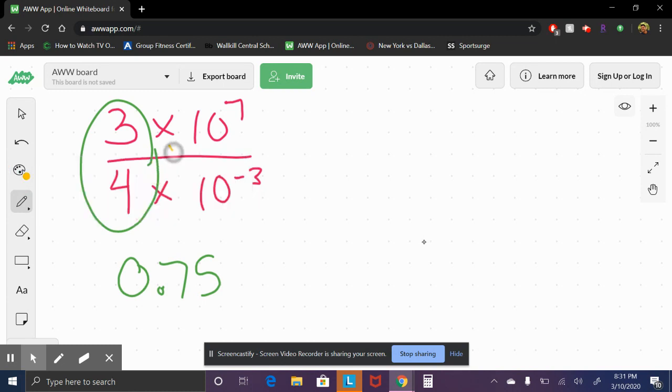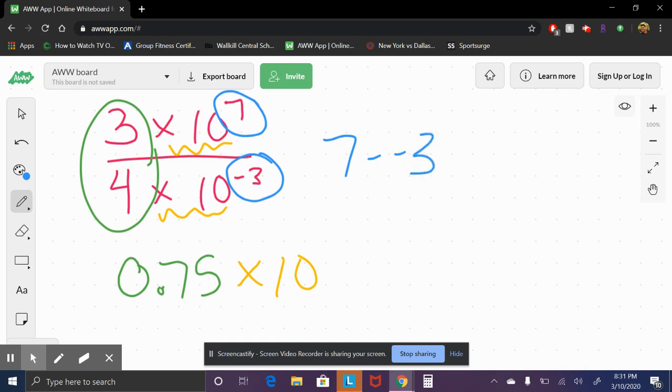Again, you keep the powers of 10, so times 10, and you subtract the exponents. 7 minus negative 3 is the same thing as 7 plus 3, which is 10. And then I have my number, 0.75 times 10 to the 10th.